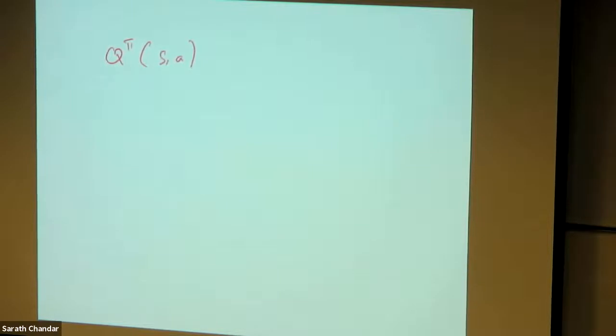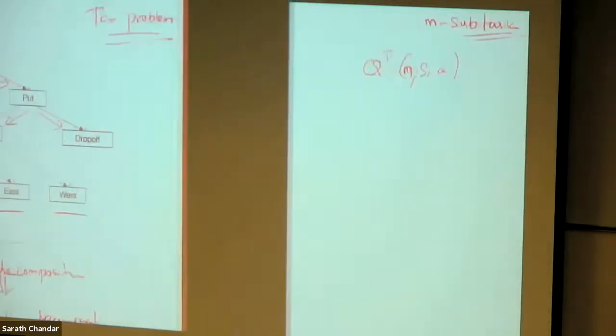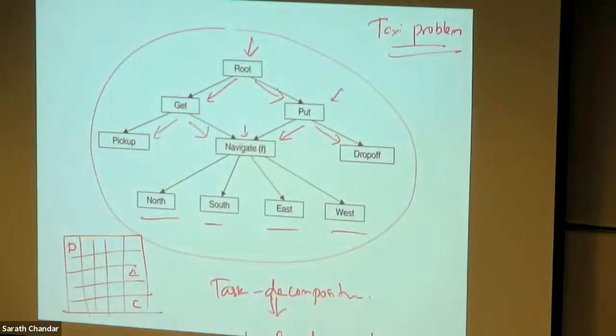Now we are going to add more information, the notion of subtasks. We put an extra M here, where M is the subtask that I'm currently working on. If I go to this hierarchy, put is a subtask, drop off is a primitive action, navigate T is a subtask, get is a subtask.